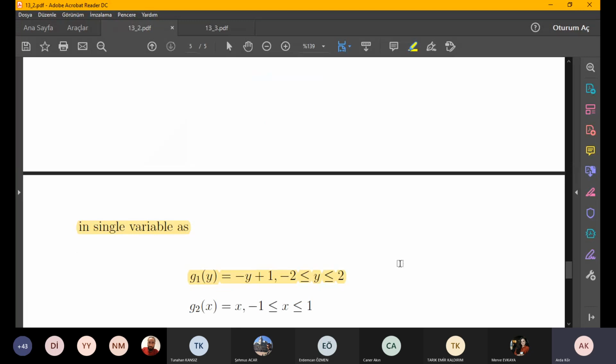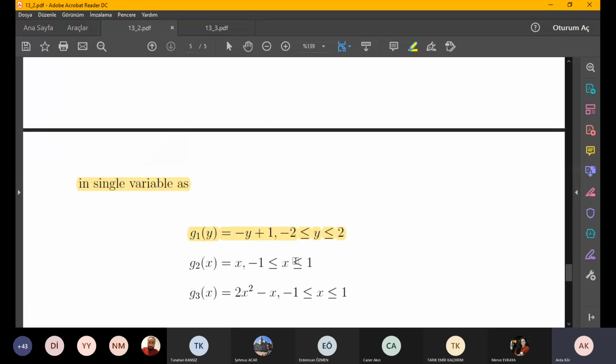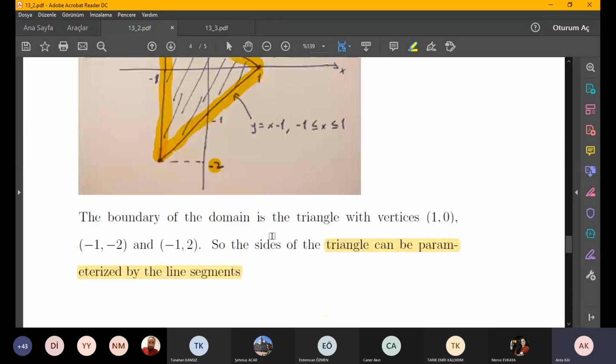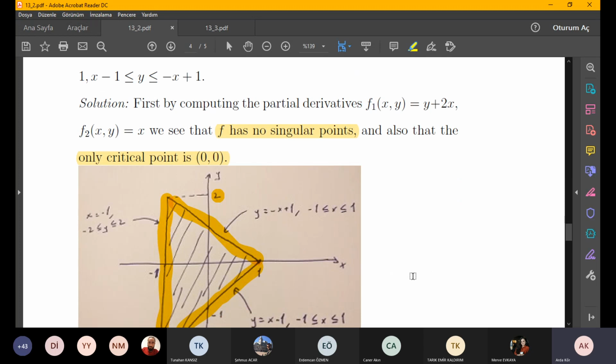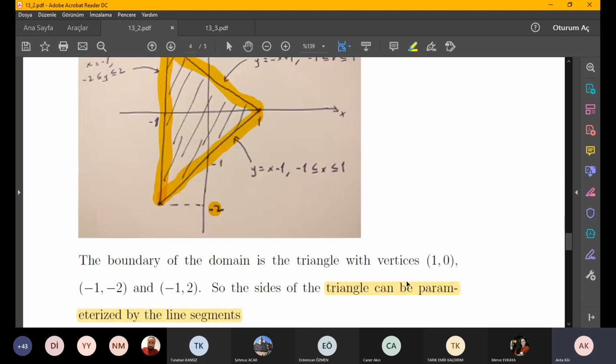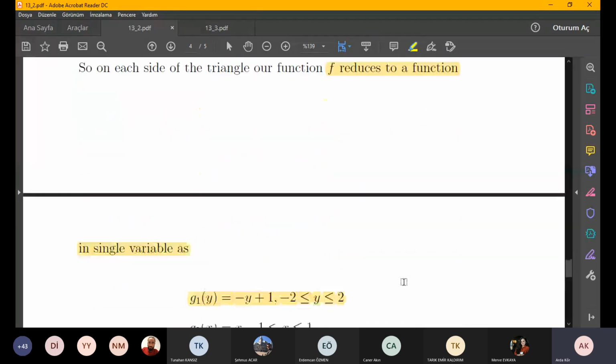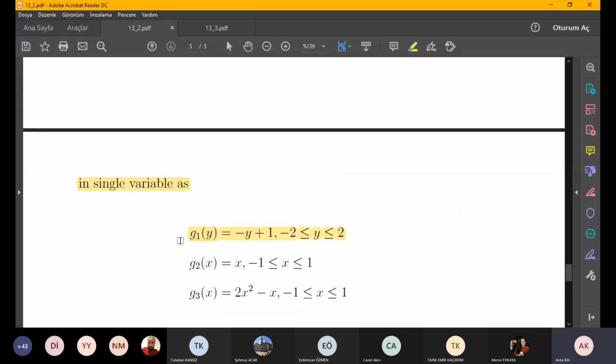If you write the function xy plus x squared with x equals -1, you can define it as minus y plus 1 on that line segment. So this can be defined as g1(y) equals minus y plus 1, where the y values are in between -2 and 2.